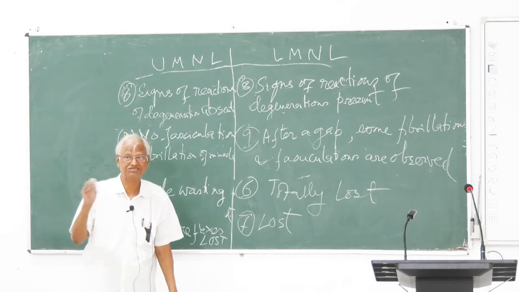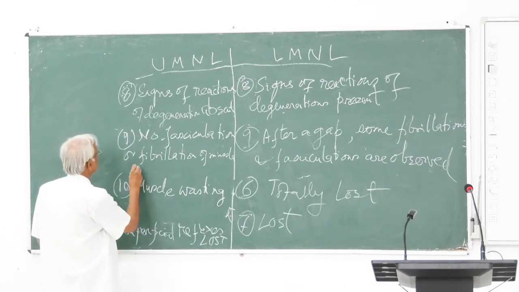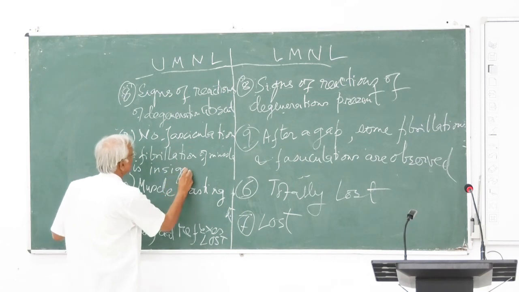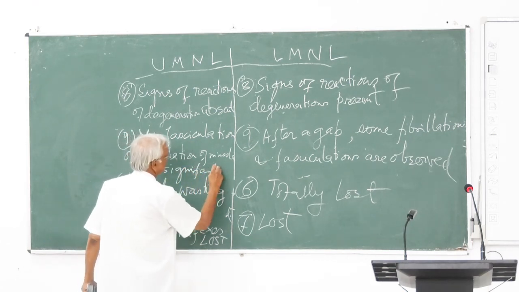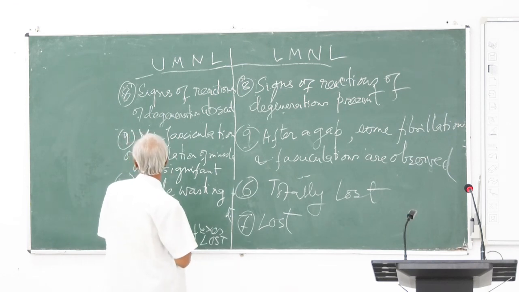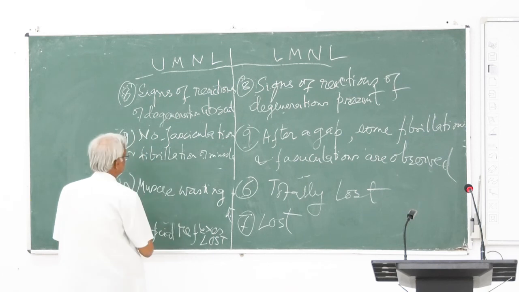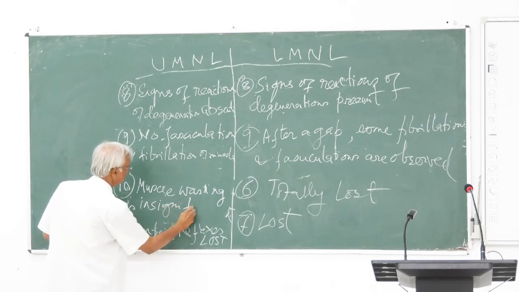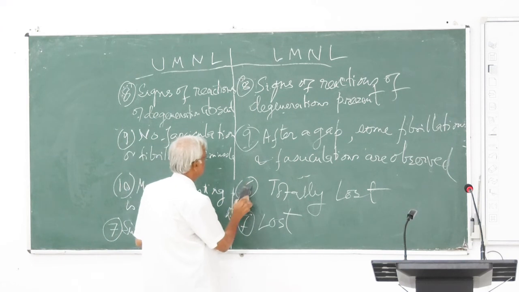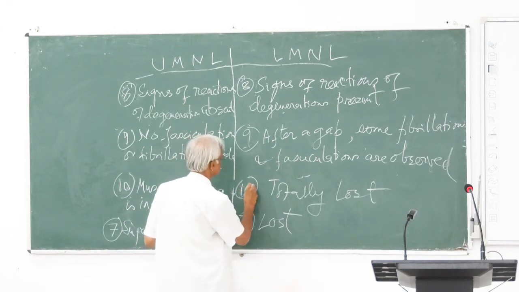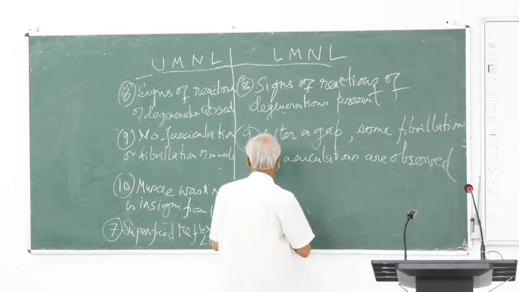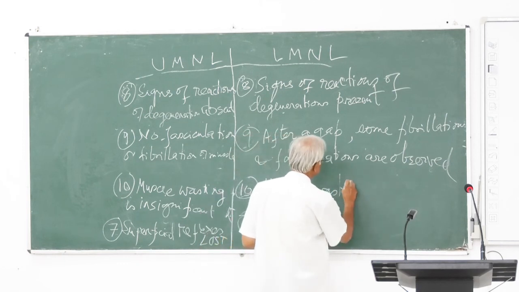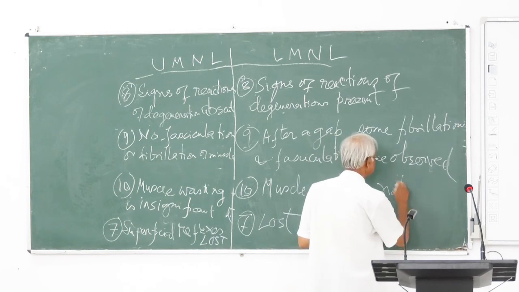That is insignificant here. In lower motor neuron lesion, muscle wasting is notable, quite significant.